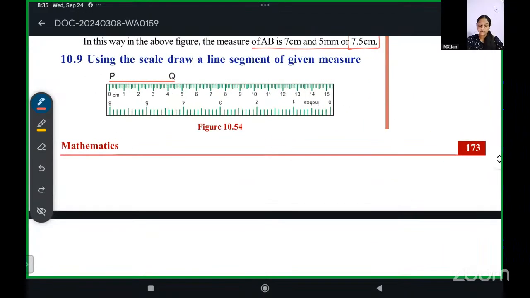Now how to draw a line segment of a given measure using a scale, that we will do.